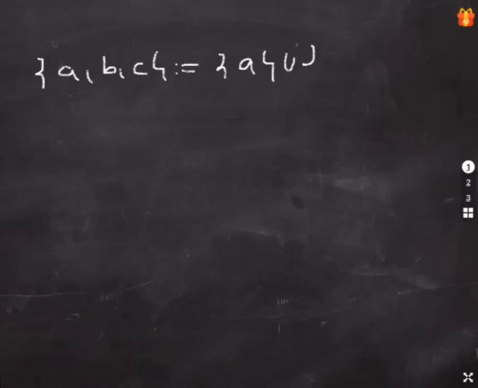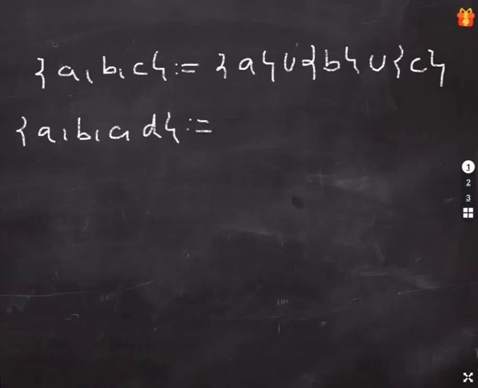You just abuse the axiom of union, because the triplet A, B, and C is going to be defined to be the union of the singletons A, B, and C. And the same thing for the quadruplet A, B, C, and D: the triplet union singleton D. And so on and so forth, right? The problem is that this is extremely boring.